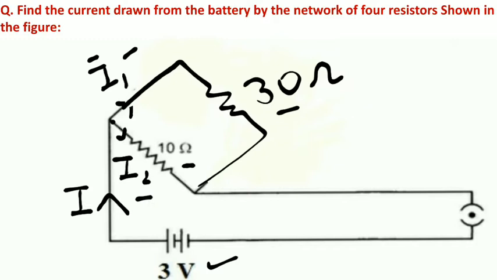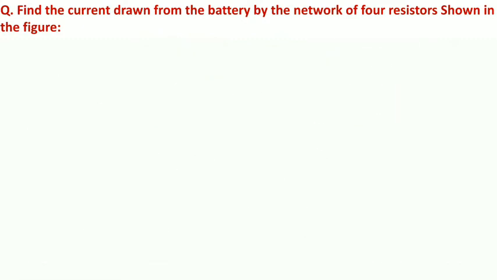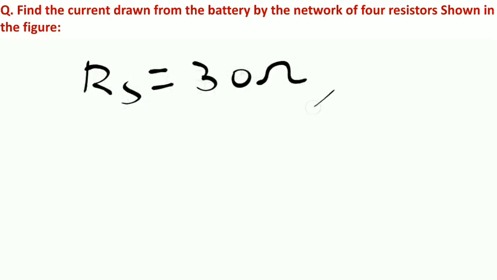So these two resistors have different currents. When the currents in two resistors are different, then these two resistors are in parallel. So let us calculate the resultant of these two resistors. The first one is 30 ohm and the second one is 10 ohm, and these two are in parallel.